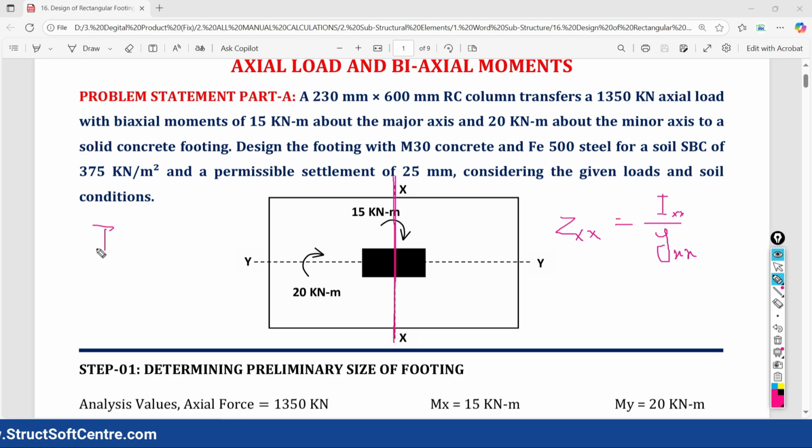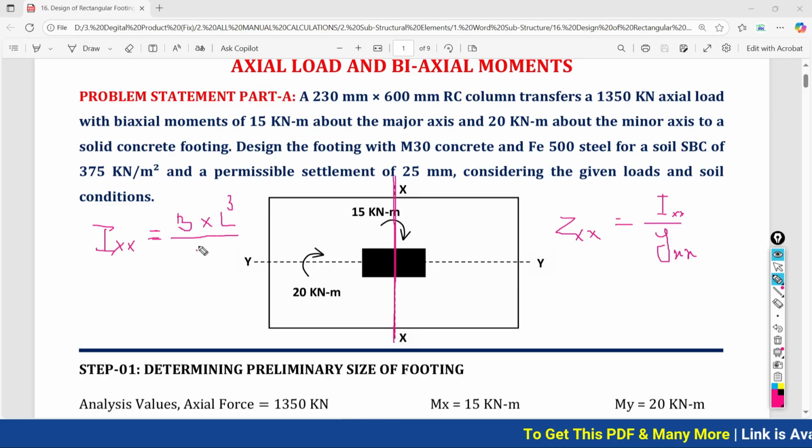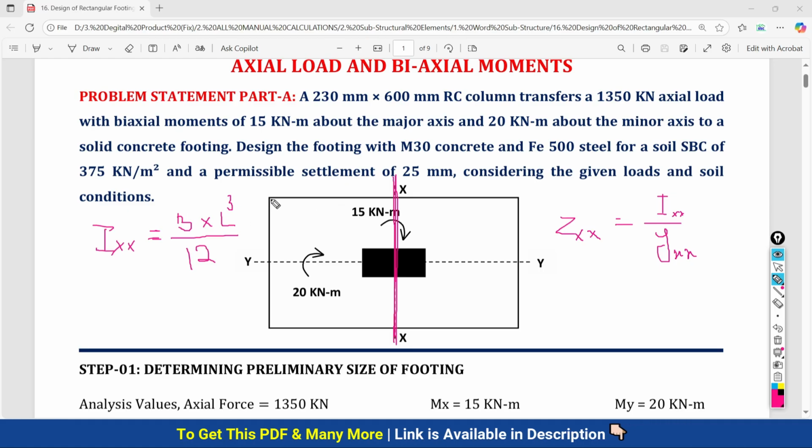So moment of inertia xx will be equal to what? Width multiplied by length cube divided by 12.